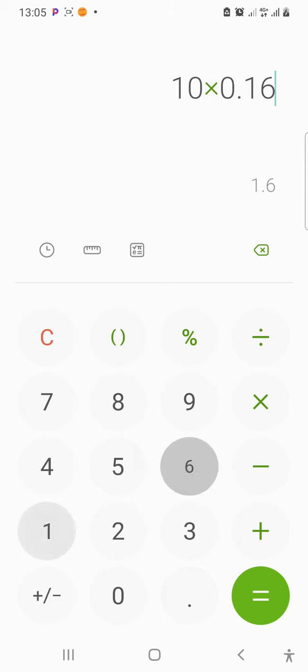10x leverage times 0.16% of the stop loss, that's 1.6%, not up to 3%. Then 20x, I know the actual value, but I just want you guys to understand something, times 0.16, that's 3.2.